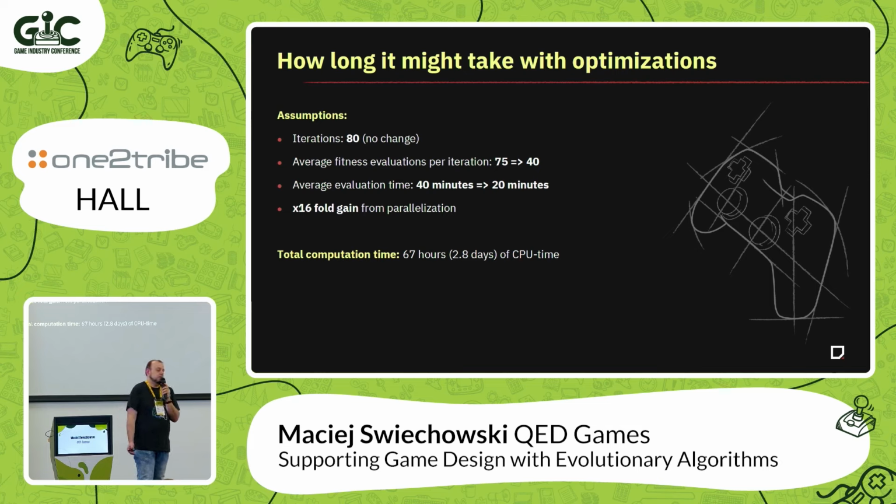And finally, let's assume that we have 16 threads running in parallel. Now the computation time is down from 167 days to just 2.8 days. So I think it's acceptable. Of course, it depends on your production cycle.